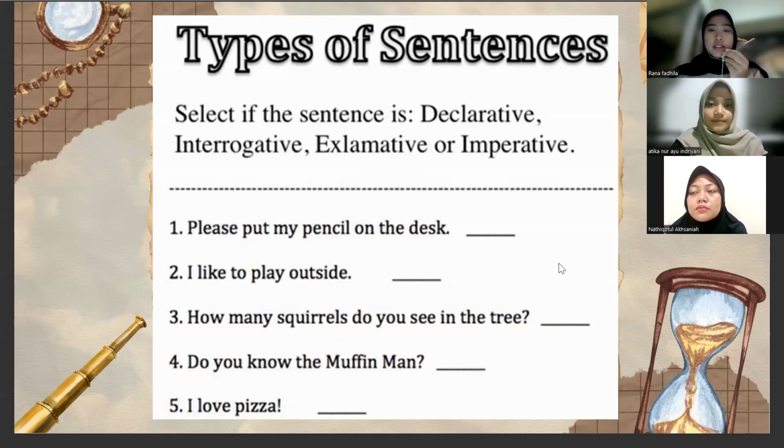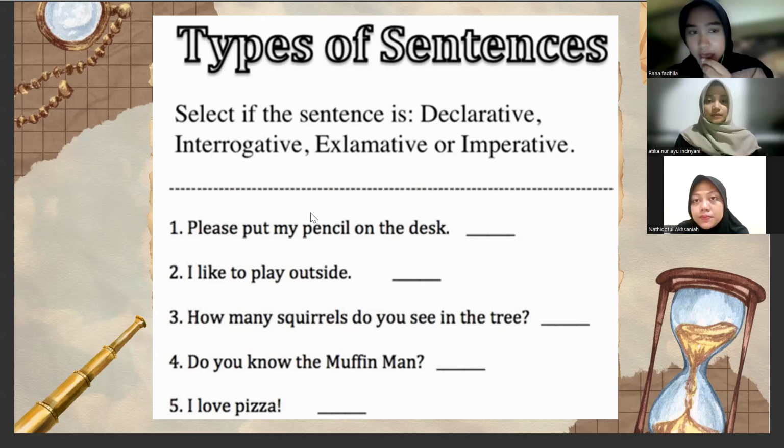We can analyze the structure of the sentence. It's an imperative sentence, because it shows a request to do something, and we can conclude that number 1 is an imperative sentence.